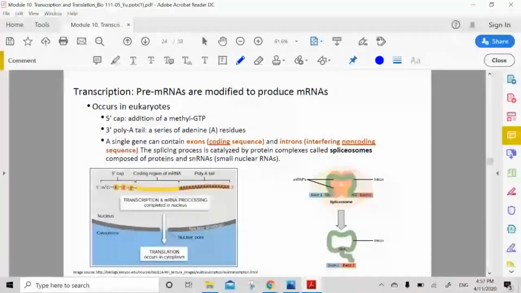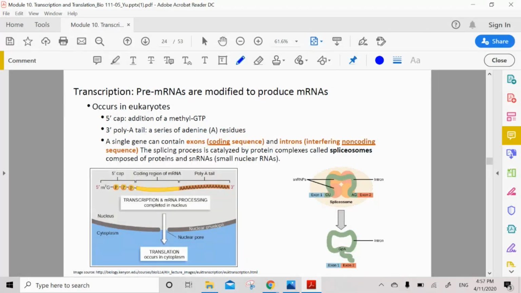The mRNA molecules are single-stranded, right? We discussed that. DNA molecules are double-stranded, mRNA molecules are single-stranded. Without that double helix structure, mRNA can be very vulnerable to degradation. So they are not very stable. They don't survive very long.